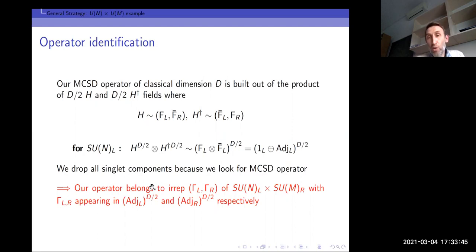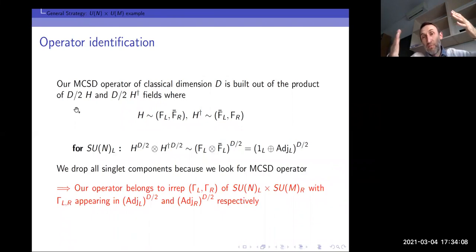So the operator we are looking for should correspond to the irreducible representation given by gamma L, gamma right of this global symmetry group, where these factors gamma L, gamma right appear in the tensor product of adjoints, which you take D over 2 times, where D is just how many fields you have.